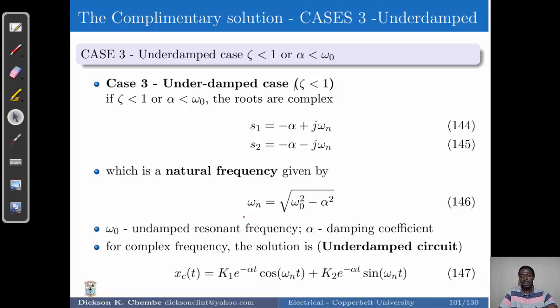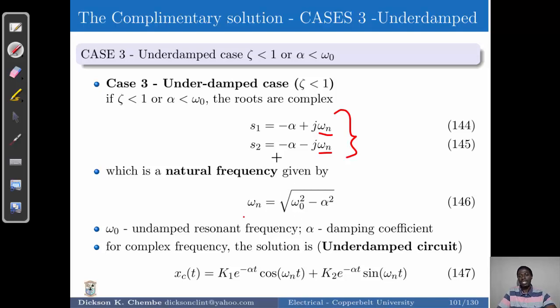In this case, we call it the underdamped case, and the roots that we obtain in this scenario are complex roots. In these complex roots, you have a natural frequency omega n, which is obtained by the square root of omega naught squared minus alpha squared.